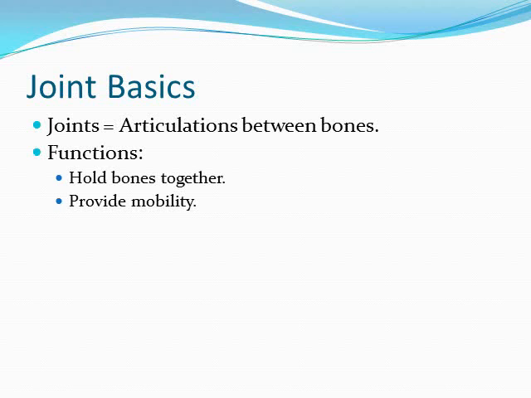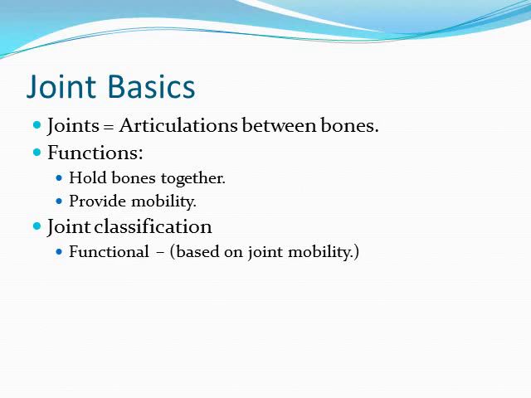Now, joints function to either hold bones together, as you see right here. This would be a good example, like the joints between the sutures of your skull. You learned about the different sutures of the skull. Well, those are joints that are basically holding bones together for protection. Other joints provide mobility, like your knee, your elbow, and others.